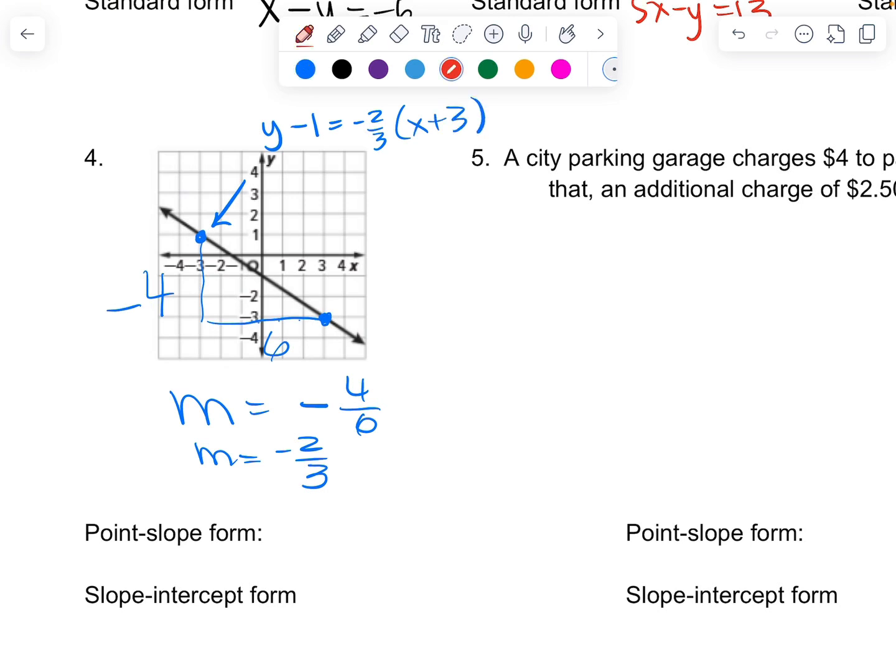If I was to use this point right here, it would be y plus 1 equals negative 2/3 x. And if you want to put the minus 0, you can. And if you were to use this point, you would have y plus 3 equals negative 2/3 x.